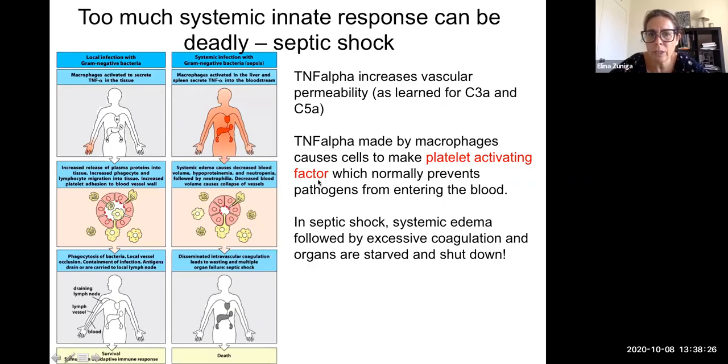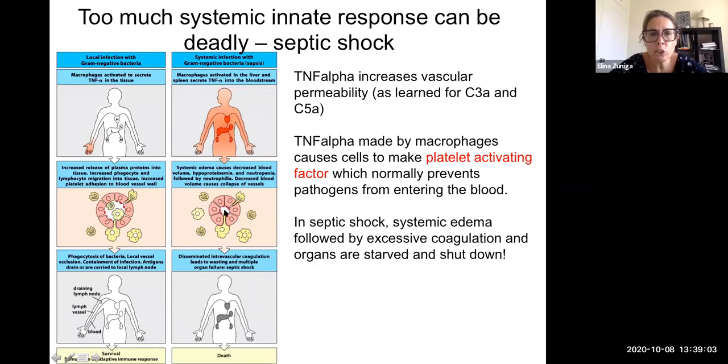However, if this is occurring systemically, this will promote intravascular coagulation throughout the body, and all of these will cause low blood pressure. Intravascular coagulation will lead to a septic shock with systemic edema and excessive coagulation that will starve all our organs and basically lead to death, okay?